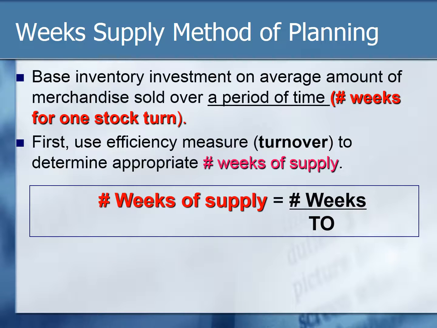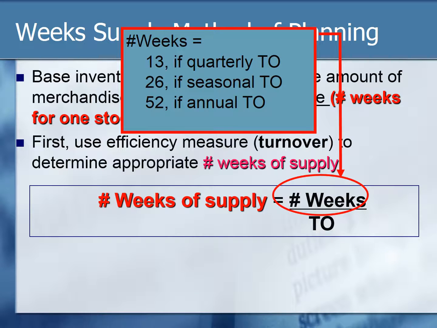Number of weeks of supply is calculated by dividing the number of weeks that exist in the period for which the turnover was calculated by the turnover. In other words, if we plan a seasonal turnover, then the numerator for the number of weeks will have to be 26 weeks, because a season has 26 weeks.